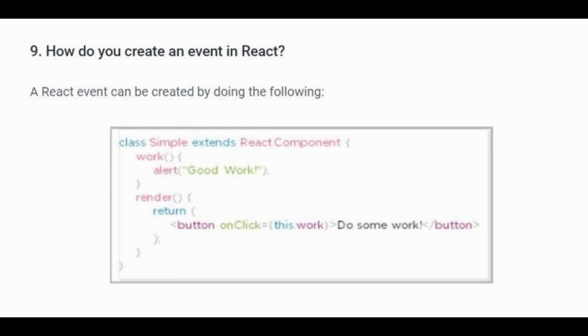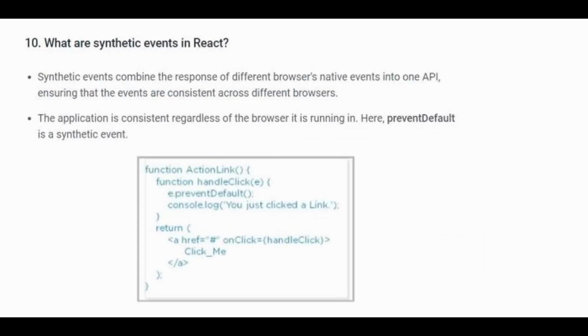Okay, now the next question is synthetic events. A synthetic event is basically an API that supports multiple browser responses. Whatever events we write, that event will be supported in multiple browsers. We can say that preventDefault is a synthetic event here.